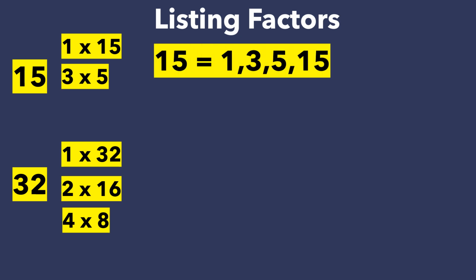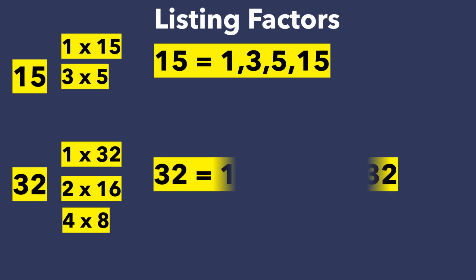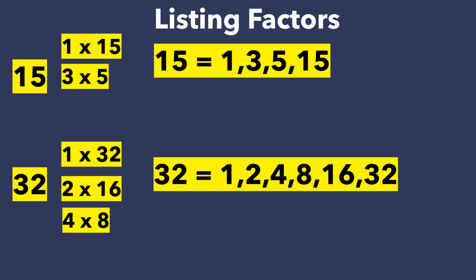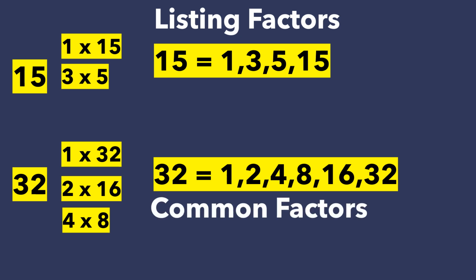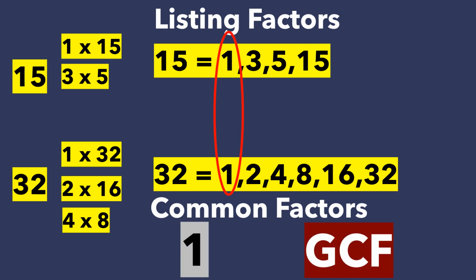Now, listing all the factors: 15 is equal to 1, 3, 5, 15. 32 is equal to 1, 2, 4, 8, 16, and 32. By getting the common factors, we only have 1. So the greatest common factor is 1. So remember class, there is no zero common factor aside from 1. Okay?